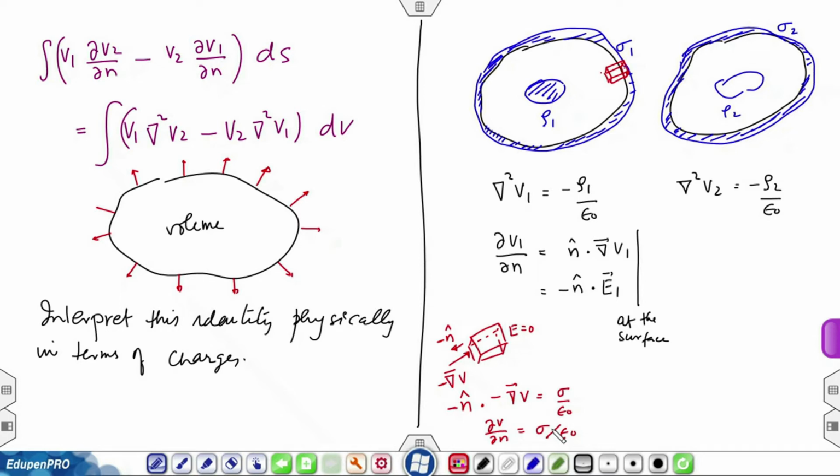So, I can write this dV1 by dn is equal to sigma 1 over epsilon 0.